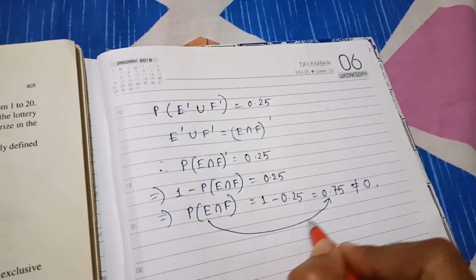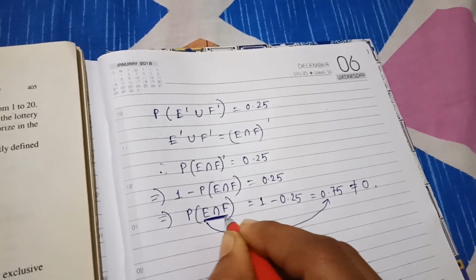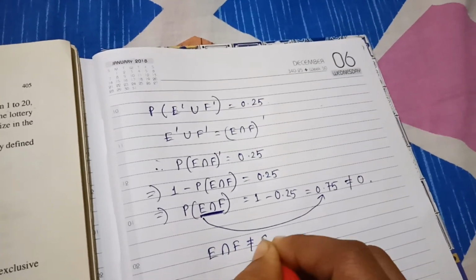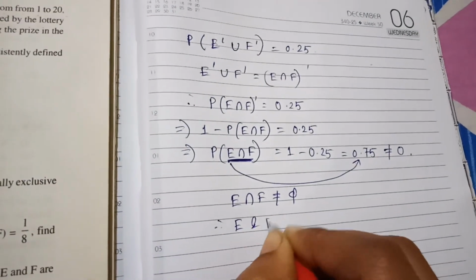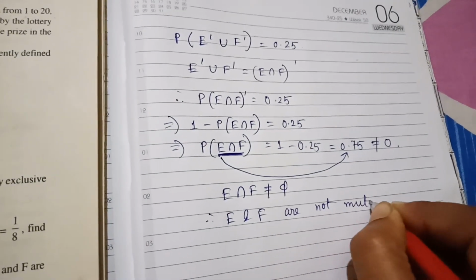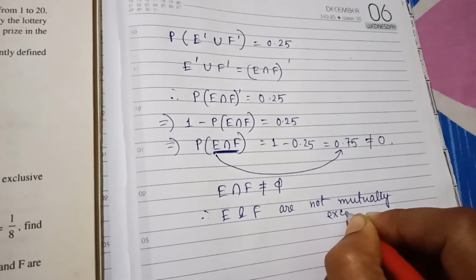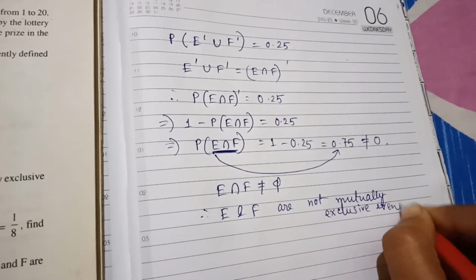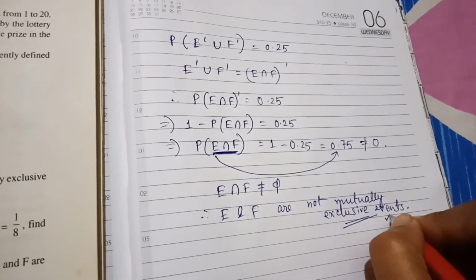If its probability is not equal to 0, that means this can't be phi. That means E intersection F not equal to phi. That means E and F are not mutually exclusive sets, events. Okay, so this is the answer.